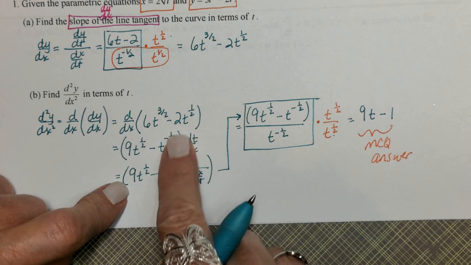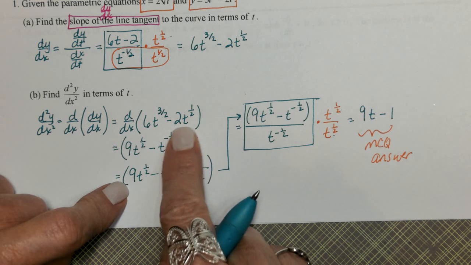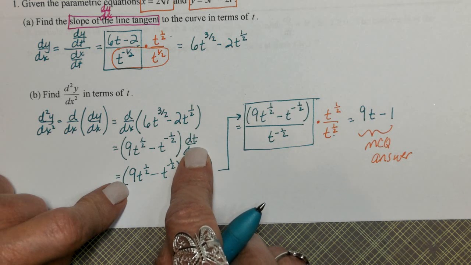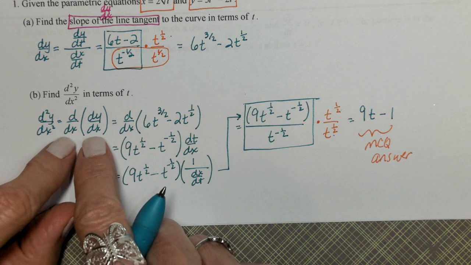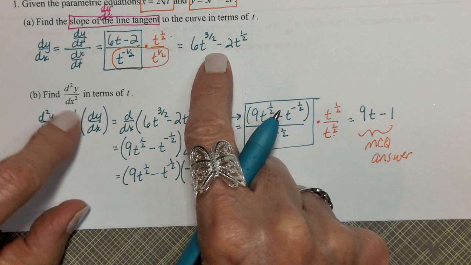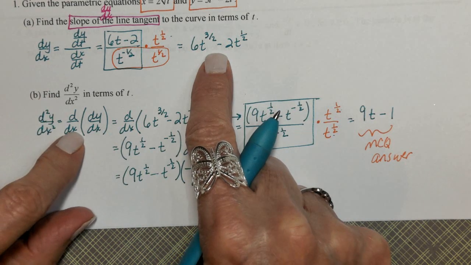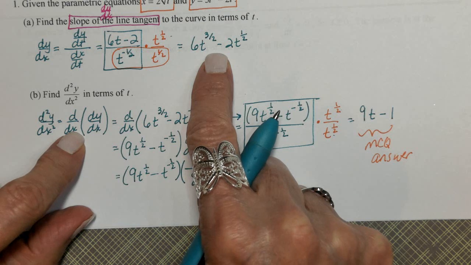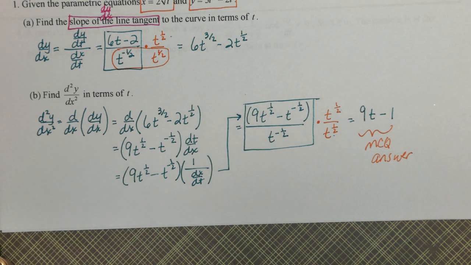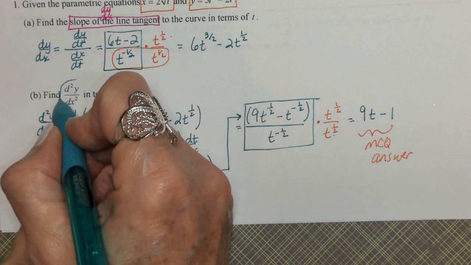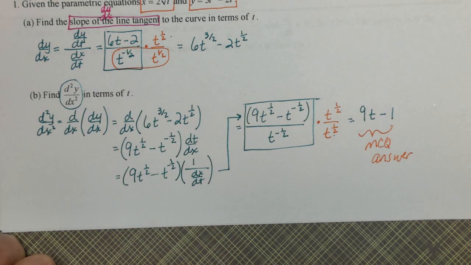They fail to multiply by dt dx. They're taking the derivative of the first derivative not with respect to x, but with respect to t. And that's not true. That's not what this is. So don't fall into that trap.